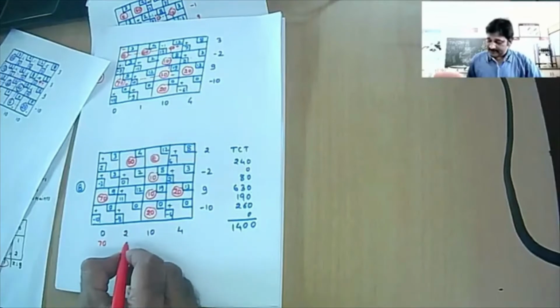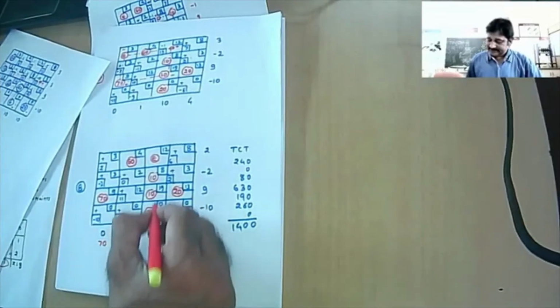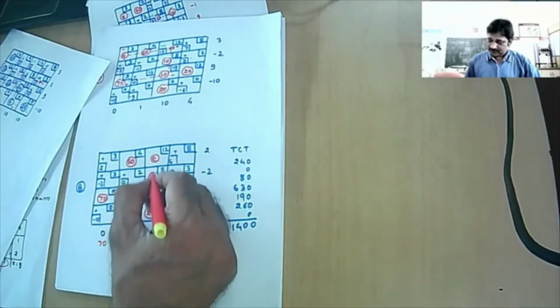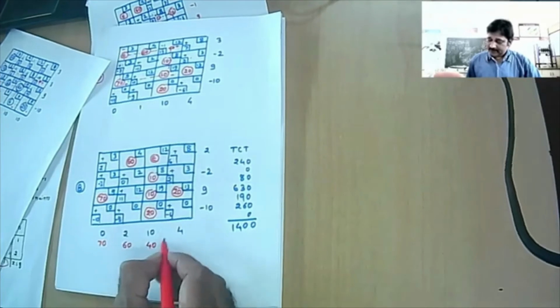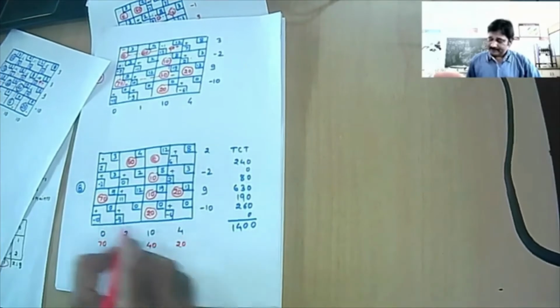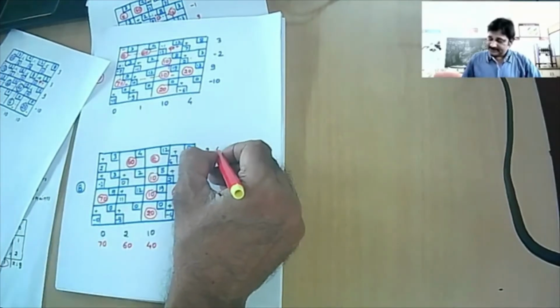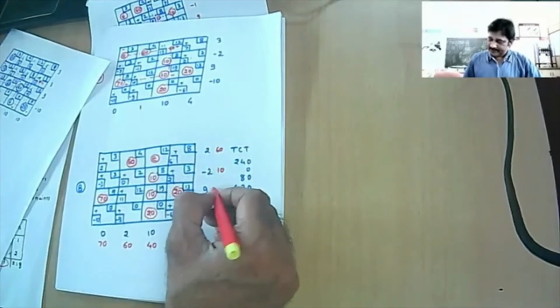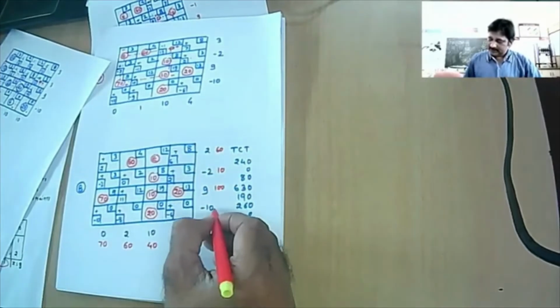So here was 70, 60, then I think here it was how much? This is 10, 40, and this is 20. Right? Here it is 60, and then 10. Here it was 100, and it was 20.